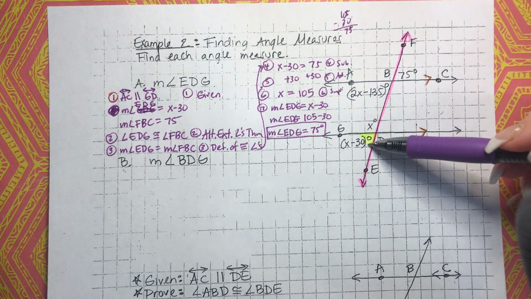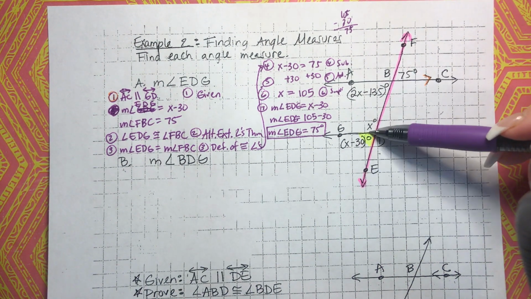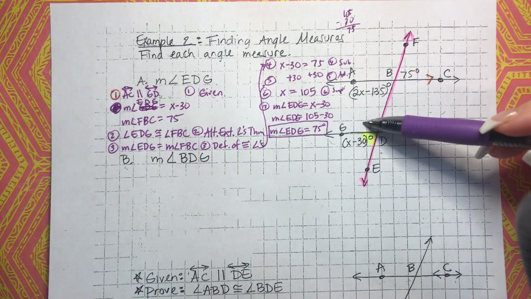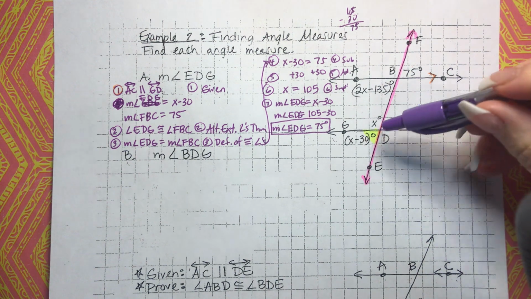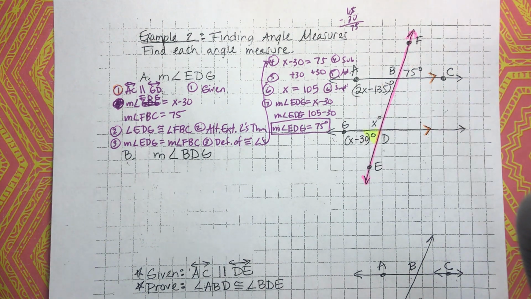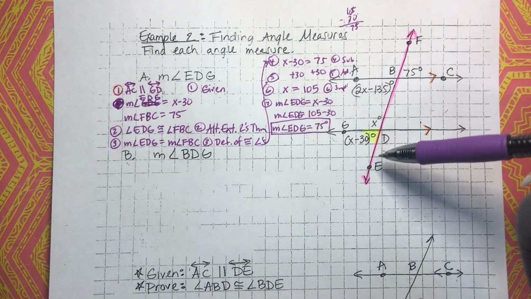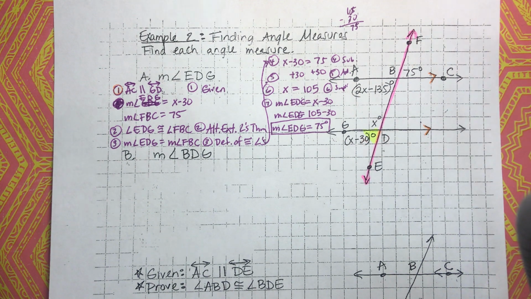The only corresponding angles would be that one. But what I see here is that I have a linear pair. So I think I'm really just going to do the linear pair theorem. I think that would be the wisest thing. We just figured out EDG, so that's what I'm going to do.